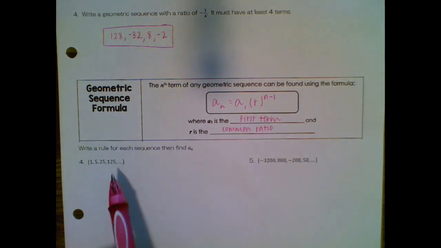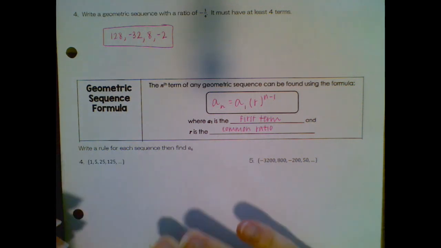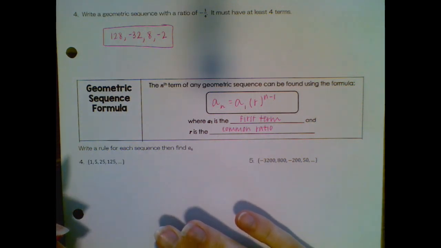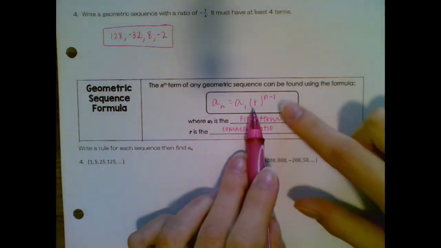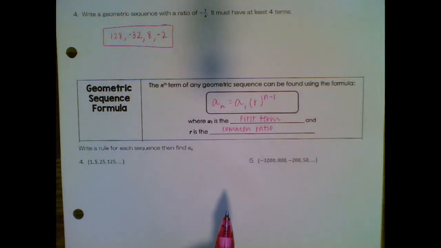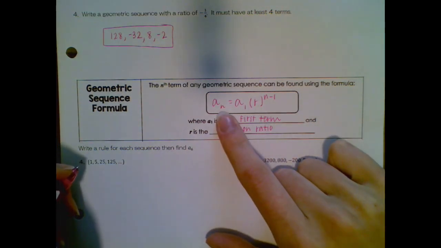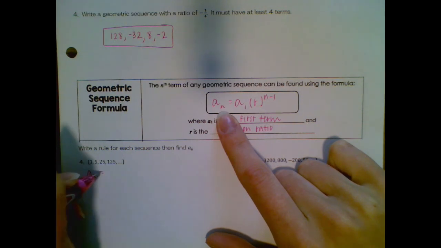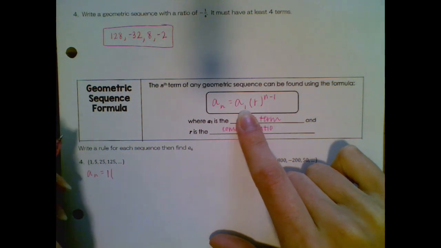So we are going to write a rule for each sequence and then find a sub 6. When it says write a rule, it means write the equation, okay? So let's go ahead and figure out what that is. It's going to be a sub n equals my first term, which is 1, times r.